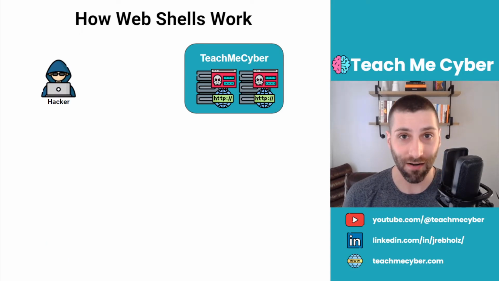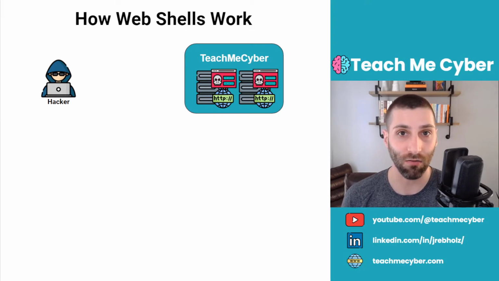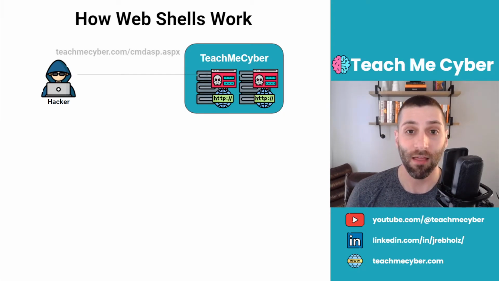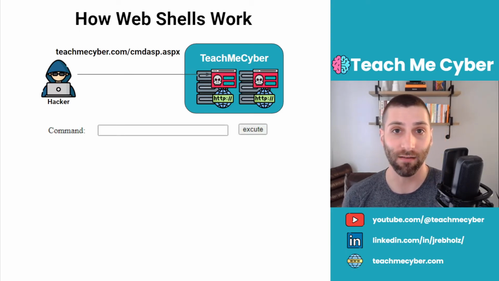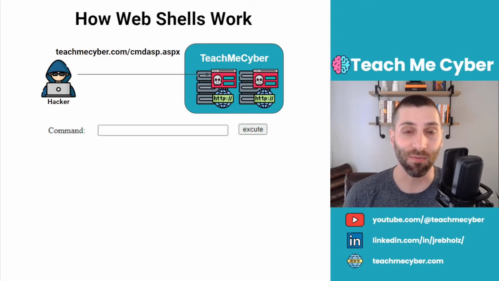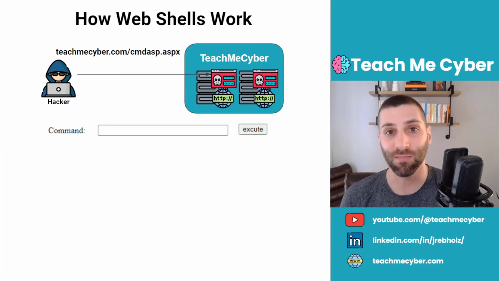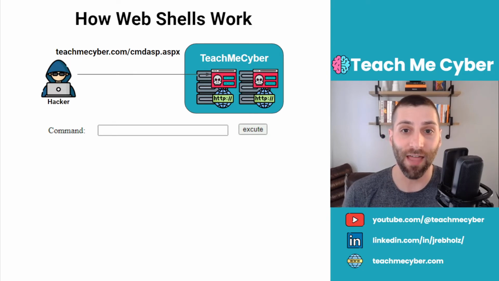However, the hacker knows the specific URL for that web shell, so they can go directly to it. The attacker is basically just going to type teachmecyber.com/cmdasp.aspx, and that is going to return back to them a very basic web page that has what you see below here.